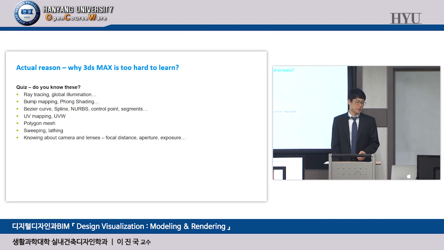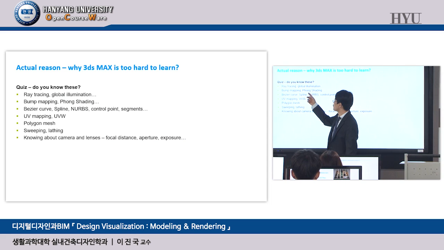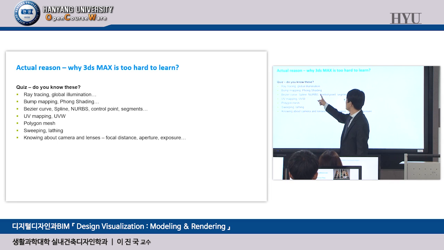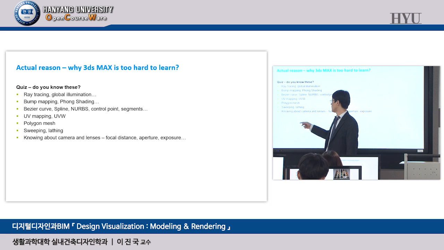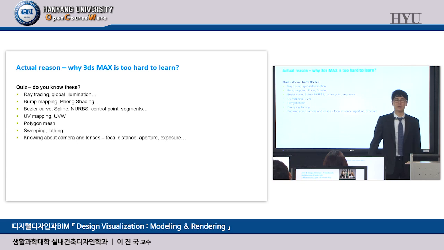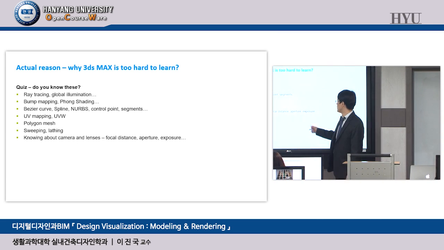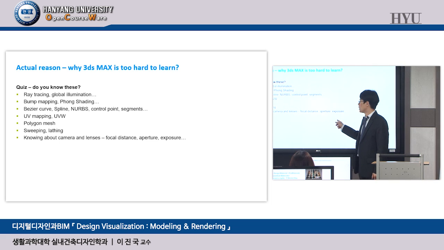But the actual reason is here: ray tracing, global illumination, shading, bump mapping, Bezier curve, non-uniform rational B-spline, CV points, segments, polygon, sweeping, lathing, something about camera, some concepts and mechanisms in lens, focal distance, what's the meaning of exposure value, what's the meaning of aperture, and so on.